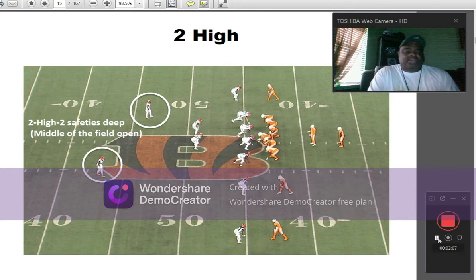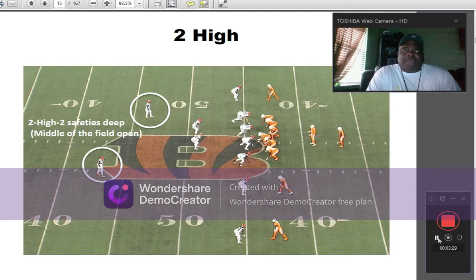Okay, now look at the two high. Two high safeties deep, the middle of the field is open. You see that? Now, if you look at the cornerbacks, they're up in press. They're up on the line of scrimmage as far as they can be, and they're looking dead straight at the wide receivers.